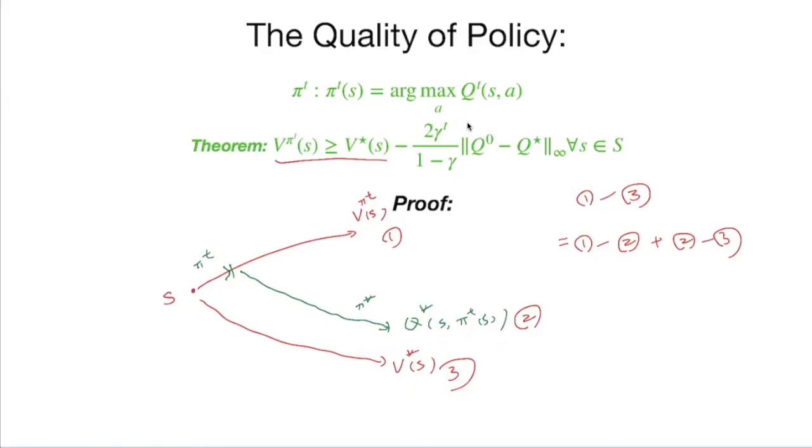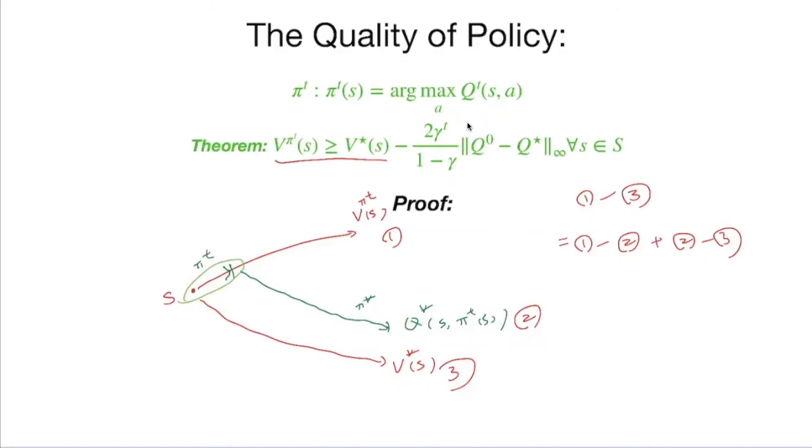Our life becomes a little bit easier because for 1 minus 2, if you look at segment 1 and segment 2, they share the first segment. They both share this segment because they start from s and take the same action; they follow the same policy. So if I do 1 minus 2, at least the first segment cancels out.